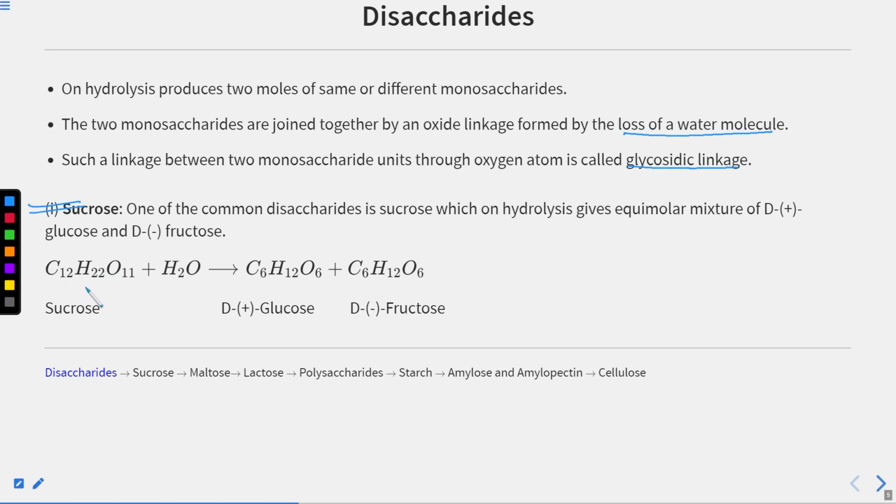Now if I try to take the common factor in their moles, it would give us 2C6H12O6.